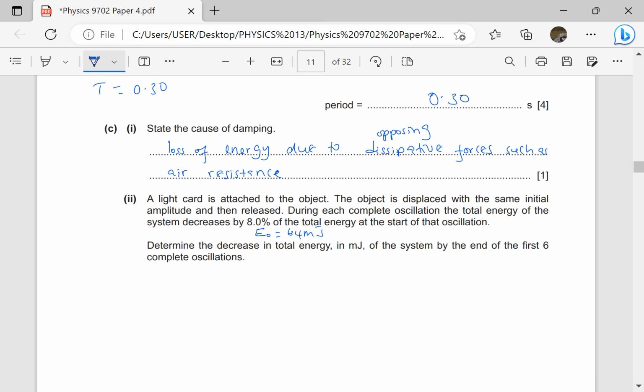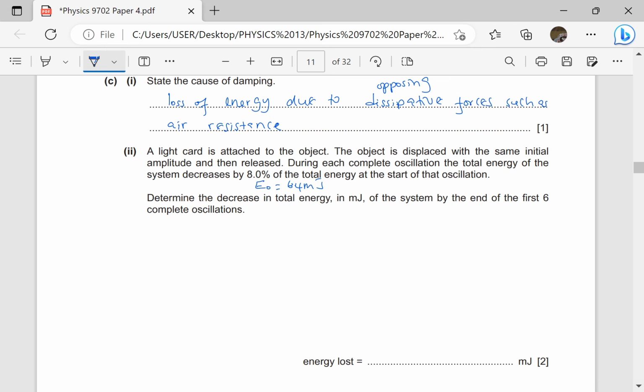So energy remaining after one oscillation is therefore going to be 100 minus 8, which is 92%. So it is going to be 0.92 times the original amount of energy.